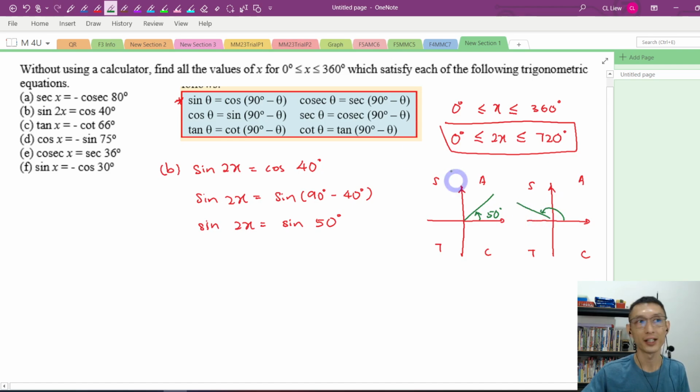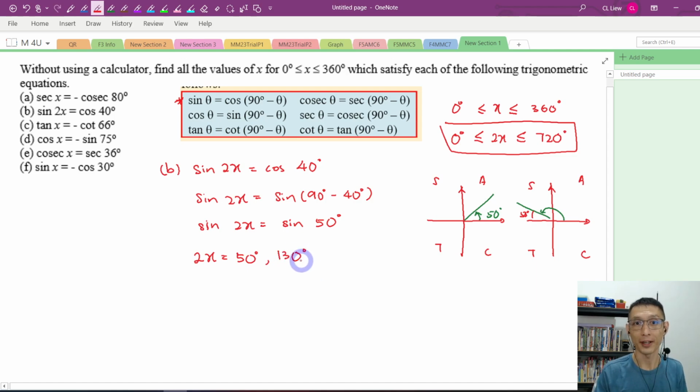Where's the 50 degree? 50 degree is over here. Okay, now so 2x is equal to 50 degree, or 180 degree minus 50 degree. So it will be equal to 130 degree.